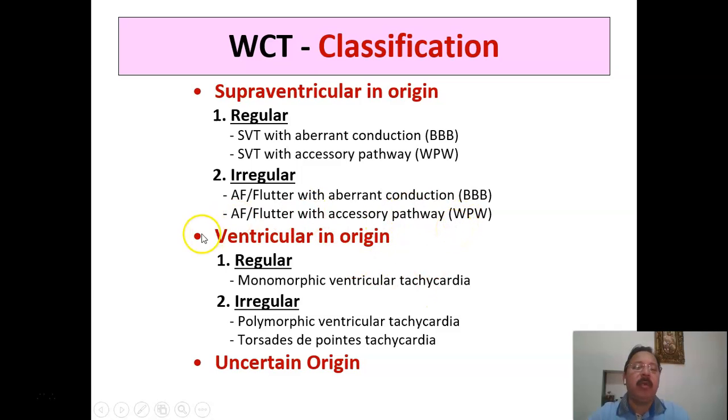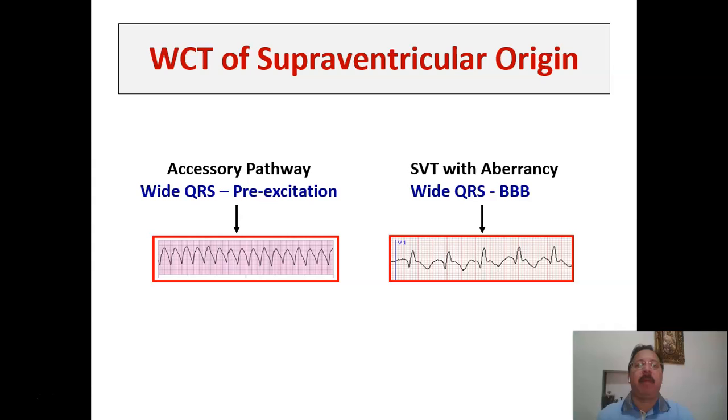On the other hand, the wide complex tachyarrhythmias can originate from the ventricles, in which case they may be regular or irregular. Regular are monomorphic ventricular tachycardias and irregular are polymorphic ventricular tachycardias or torsade de pointes. And sometimes, as I said, it's difficult to differentiate the source of origin of wide complex tachycardia.